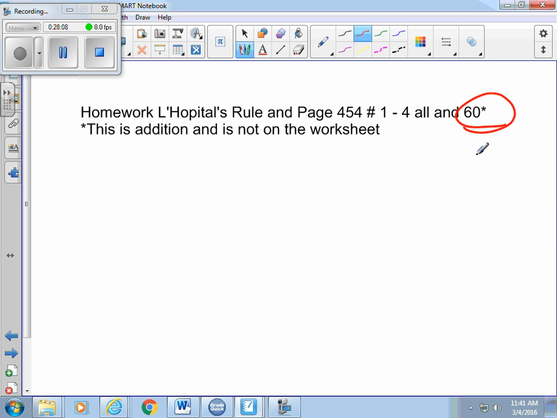And then the inverse worksheet is what we learned yesterday. No, it's a book page. See at the top it says 1 through 4, page 454.